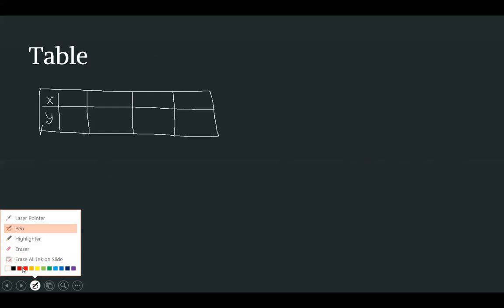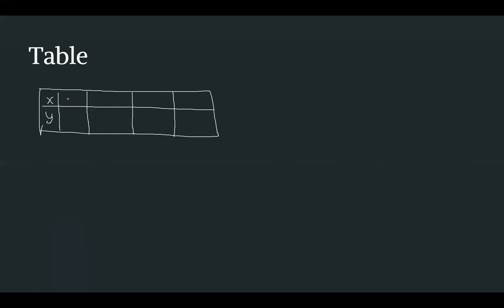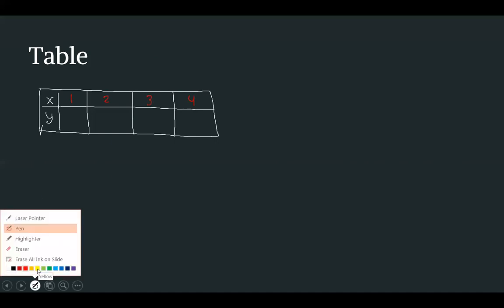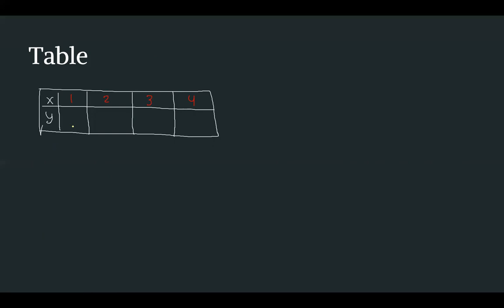So here, X is the input. Let's just say I have 1, 2, 3, 4, and then for Y as the output, let's say we have 3, 6, 9, 12.